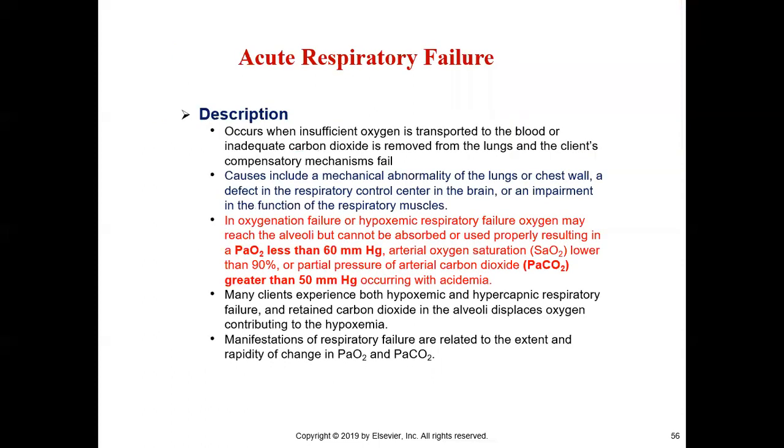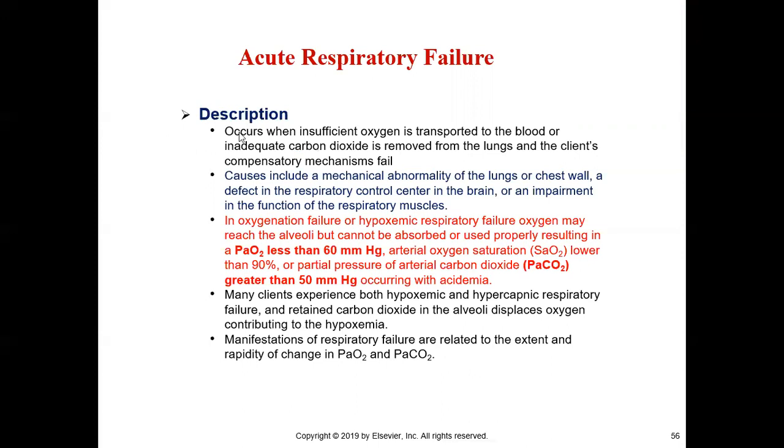Next is acute respiratory failure. So if we do not take care of our patient, all of these complications lead to the development of acute respiratory failure, right?